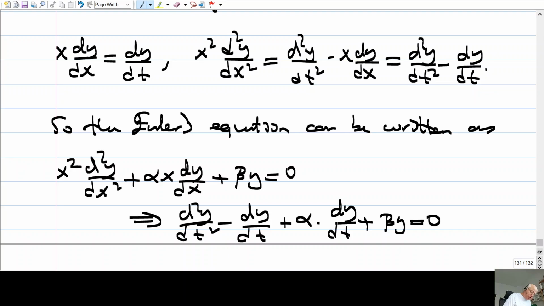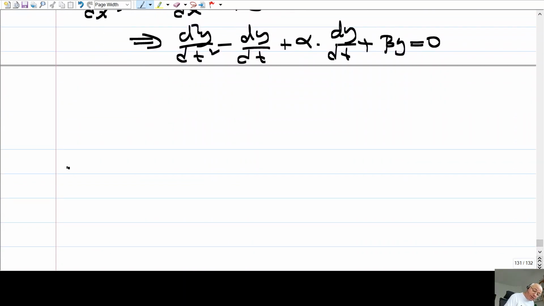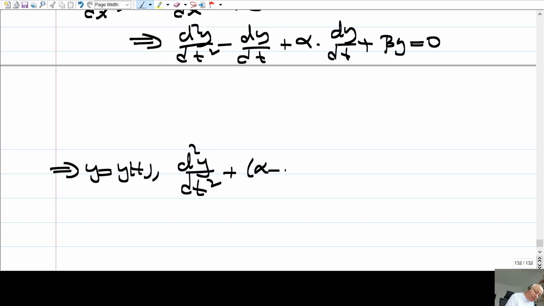Now this is an equation in y and t. Let me rewrite it again. This time y is a function of t, and y satisfies the following equation: d squared y dt squared plus (alpha minus 1) times dy dt plus beta y equals 0.